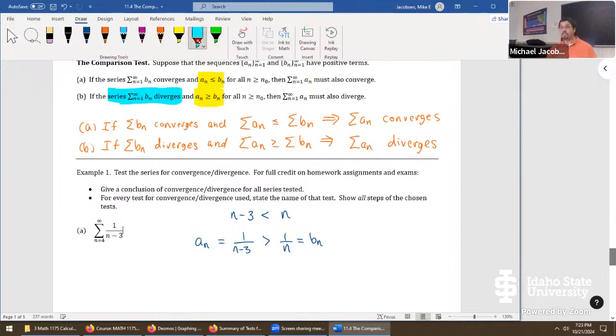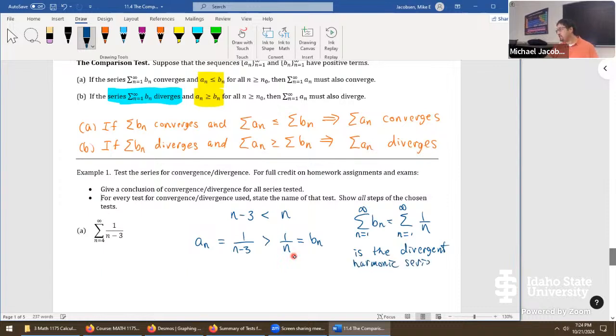It's a series that diverges, but we have to actually say that, so it's a really fast statement. We have to say the name of the test if we use a test, but this is an exceptional case. This is one series that has a name, and we just know the conclusion on it. We would say something like this. Summation, as n goes from 1 to infinity, Bn is summation as n goes from 1 to infinity, 1 over n, is the divergent harmonic series.